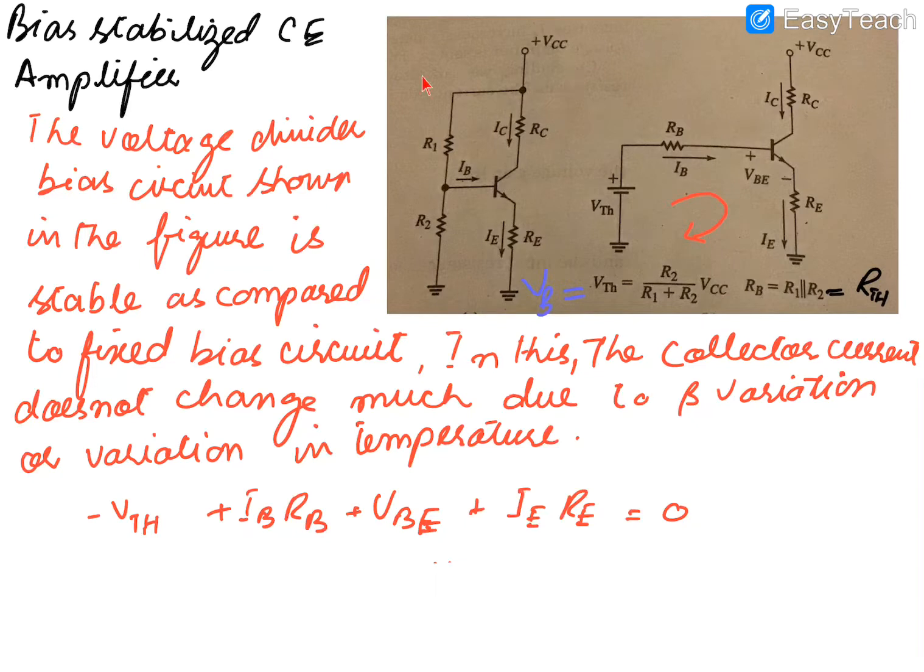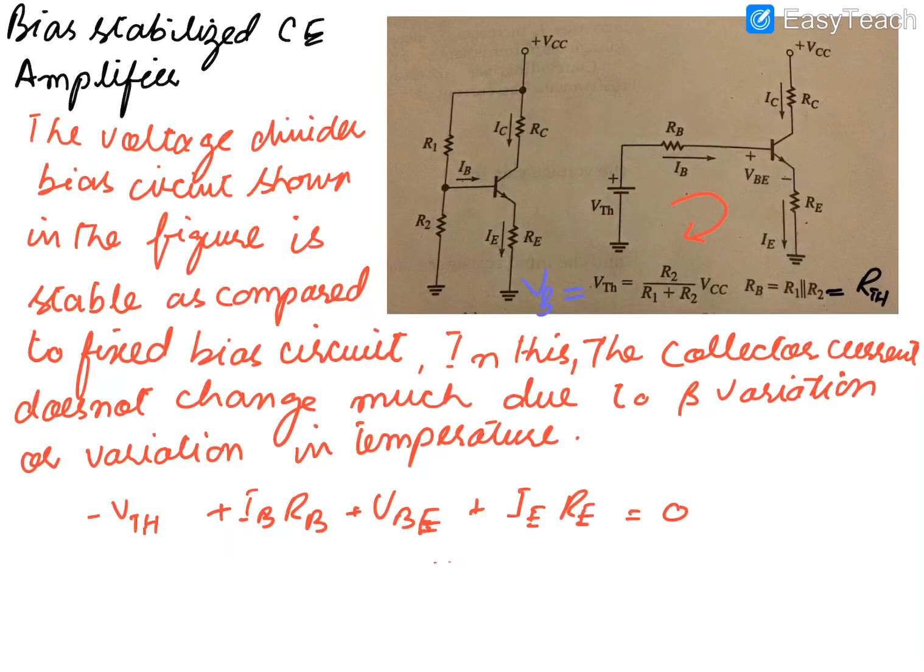So the addition of this voltage divider bias circuit and the emitter resistance makes the circuit more stable. First we will study the design of this circuit, and then we will learn how the addition of these resistances makes the circuit more stable.